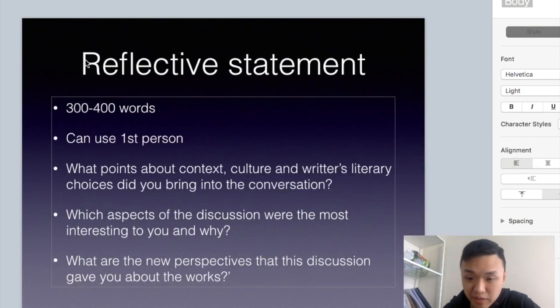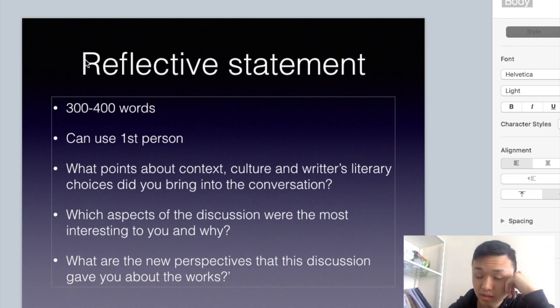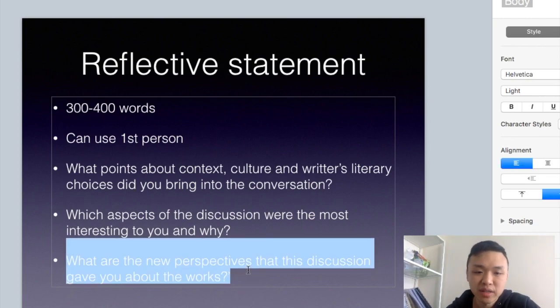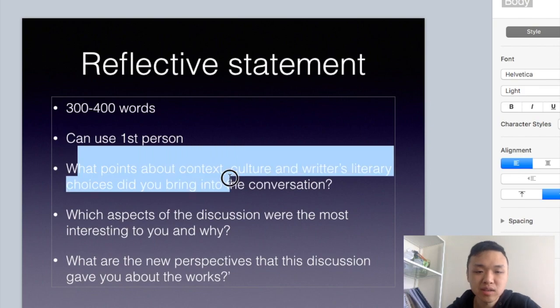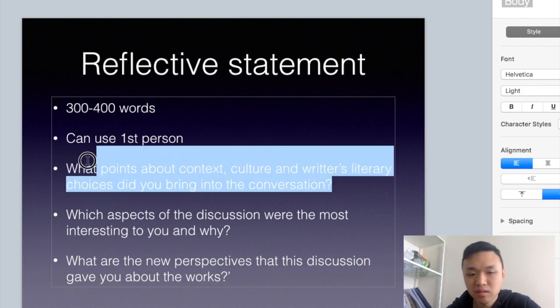Now let's talk about your reflective statement. This is a 300 to 400 word statement, so it's not supposed to be very long. In this reflective statement, you can write in the first person, so you can use the word I, basically, right? What are you supposed to answer in the reflective statement? Number one, what arguments did you bring into the conversation?